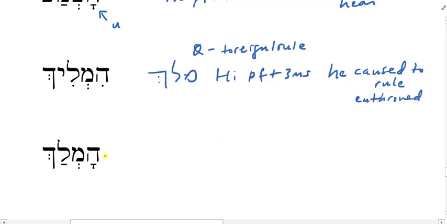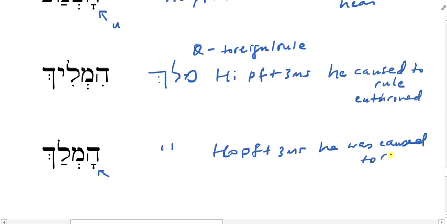So, homlach is the U class vowel under the hey with the pathak. This is the same verb, but it's Hophal. Perfect, 3ms. So how am I going to translate that using the form of cause here? He was caused to rule. So he's ruling, but someone caused him to do it, right? How would I translate that using enthronement language? He was enthroned. Exactly. Okay, so he was enthroned.